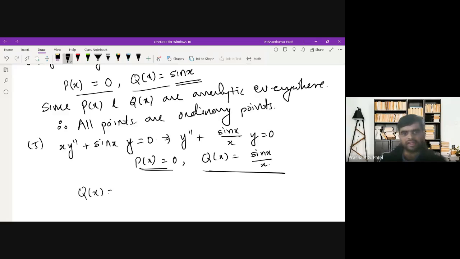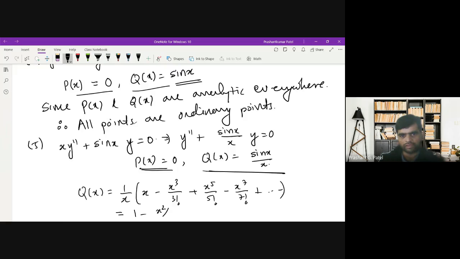That I can write using the series of sin x. We know it is x minus x cubed by 3 factorial plus x raised to 5 upon 5 factorial minus x raised to 7 upon 7 factorial, and so on. If you multiply 1 upon x inside, this can be written as 1 minus x square by 3 factorial plus x raised to 4 by 5 factorial minus x raised to 6 by 7 factorial, and so on.